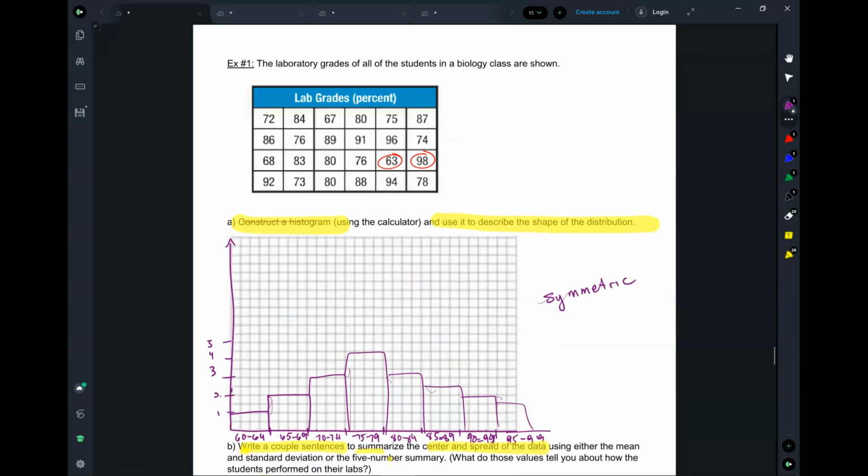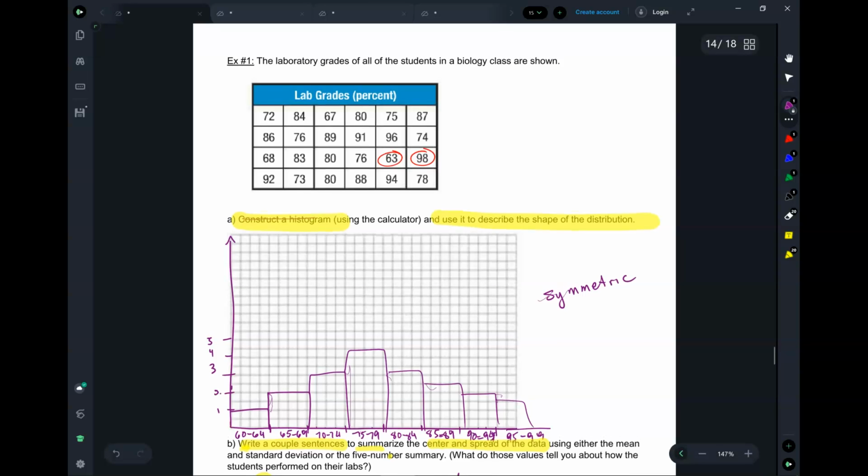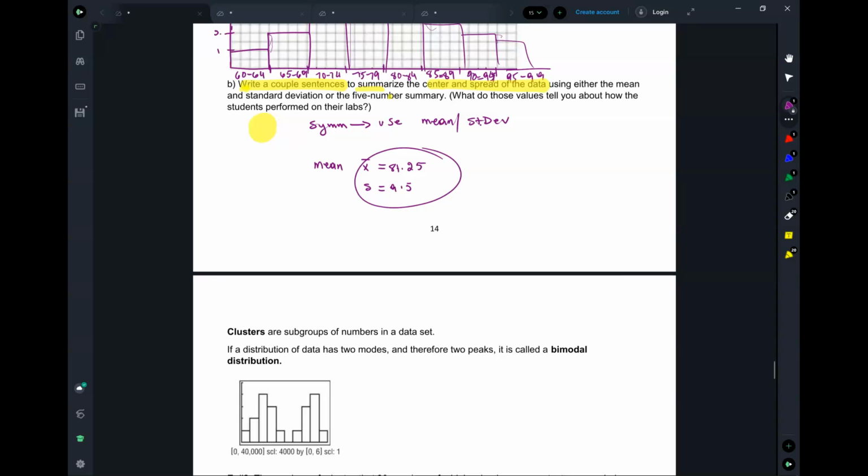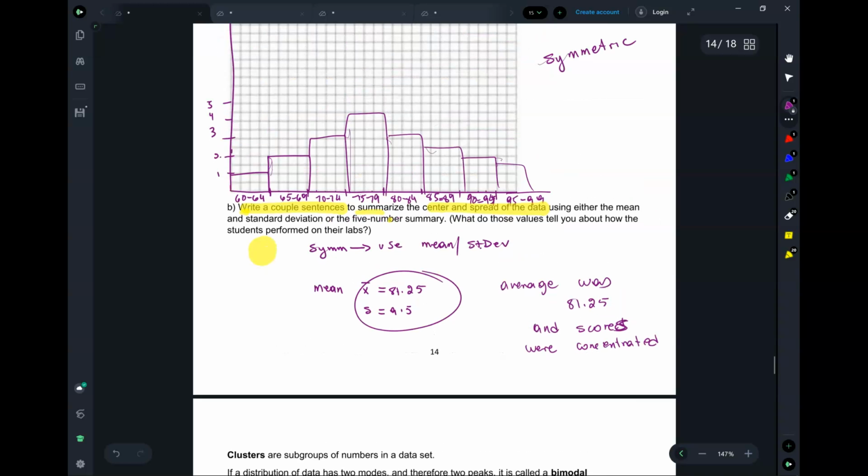This is about lab grades, right? So what do these values tell you about how the students performed on this assignment? So basically, you know that the average or the mean of the scores was 81.25. And the scores were concentrated, look, 81.25 is somewhere over here, right?